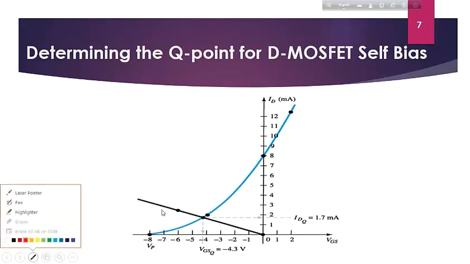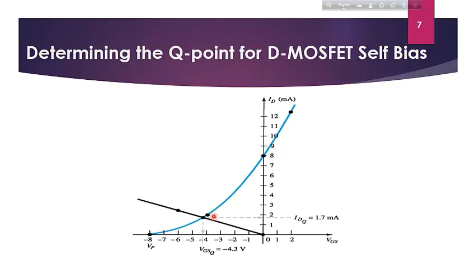Here the black line is for the load line and the blue line is for the saturation point. When the load line and the saturation line meet, this is called the operating point or the Q point.